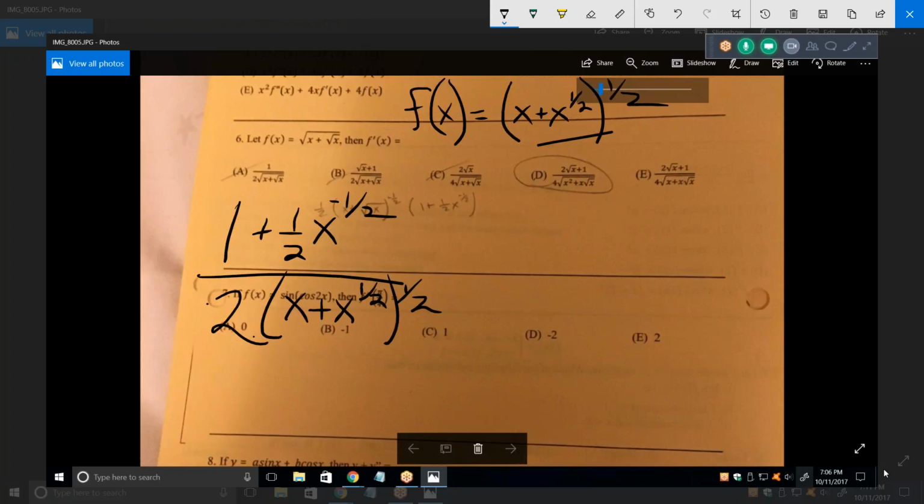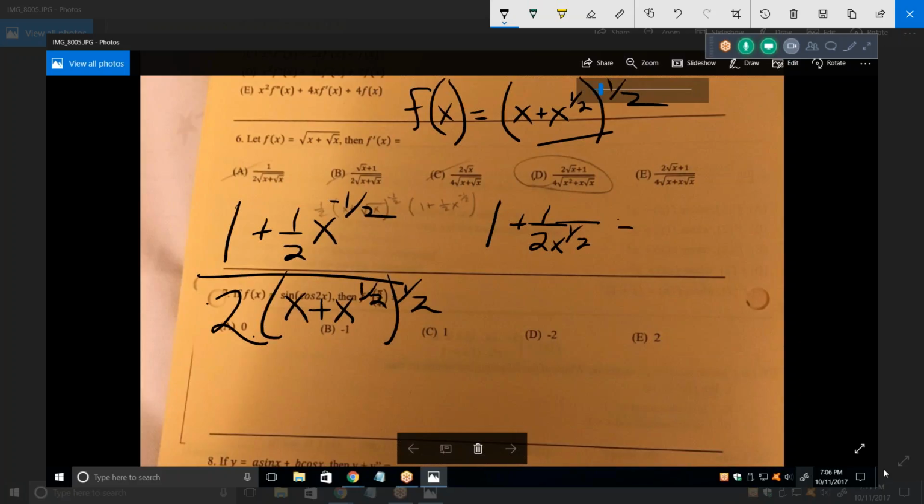All right, let's talk about this numerator. That is 1 plus 1 over 2x to the 1/2. That's what that numerator is. How do we deal with that 1 over 2? Well, we're going to use a common denominator. In other words, we're going to add these two things together.